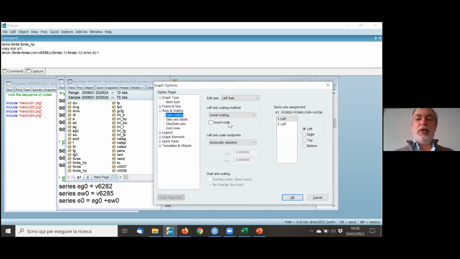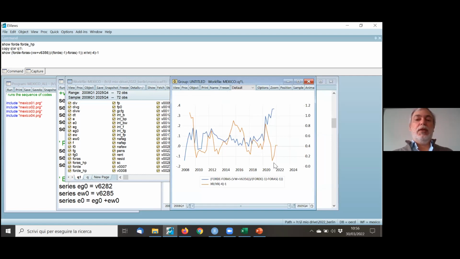So I'm looking at this measure of the net capital gains, which is the blue line, and the growth, the annual change in the exchange rate of the peso. But it's very difficult to think that I can explain the blue line with the help of the orange line by itself.